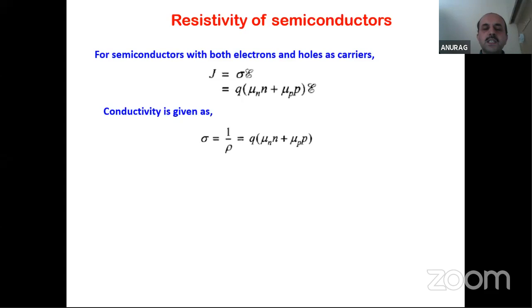The resistivity and Hall measurements that I am going to describe in the coming slides are with respect to the properties of normal semiconductors, not those where the resistivity is too high or too low. I will show you those ranges also with the appropriate graphs.